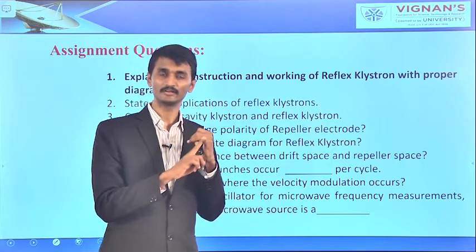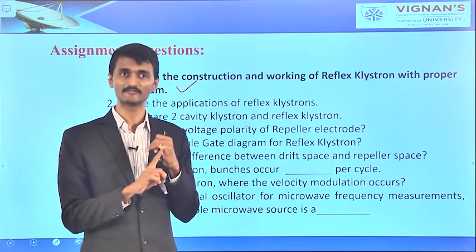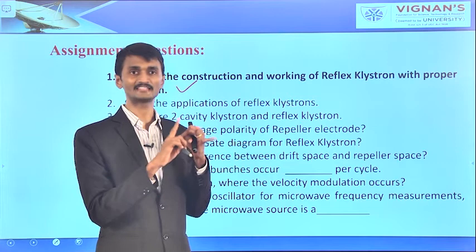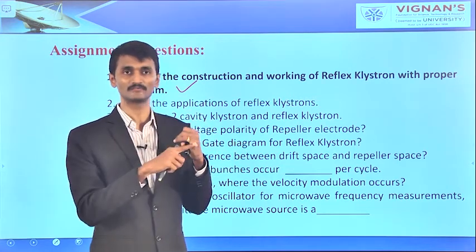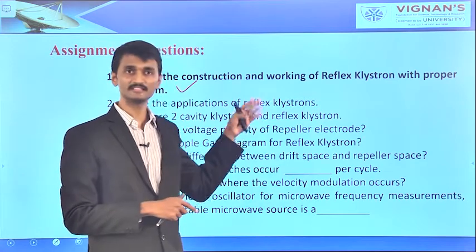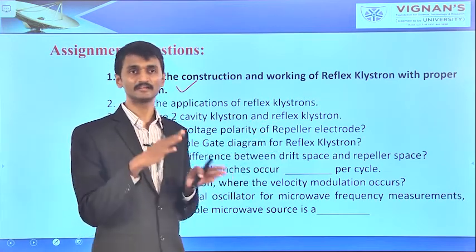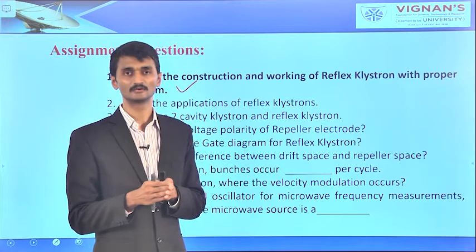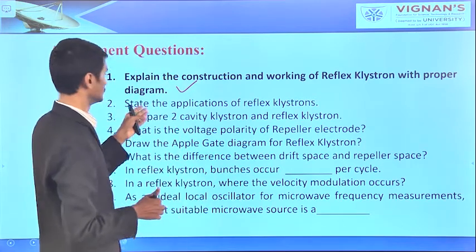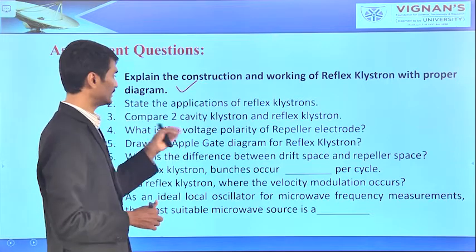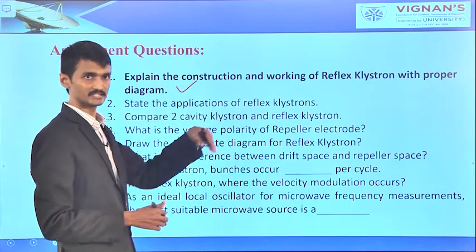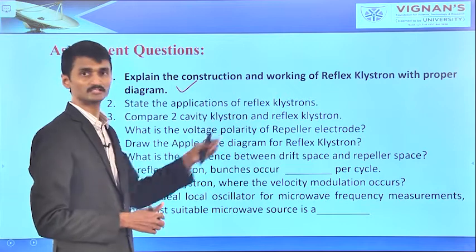Through one cavity we apply the RF input, and from another cavity, the catcher cavity, we extract the amplified version of that input RF signal. In reflex klystron, it acts as an oscillator. State the applications of the reflex klystron, already we have seen. Compare two cavity klystron and reflex klystron, as I just told you. That comparison we have to write.